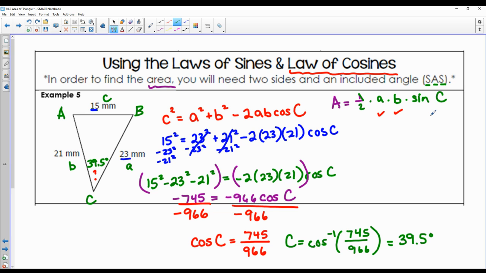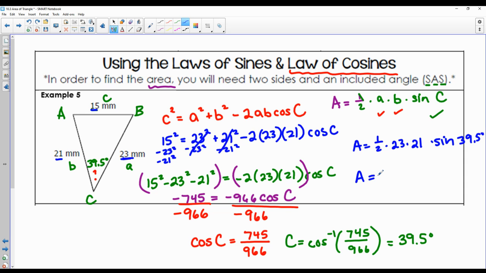Now we've got angle C, and we can plug everything into our area formula. Area is equal to 1/2 times little a, which was 23, times little b, which is 21, times the sine of angle C, which is 39.5 degrees.